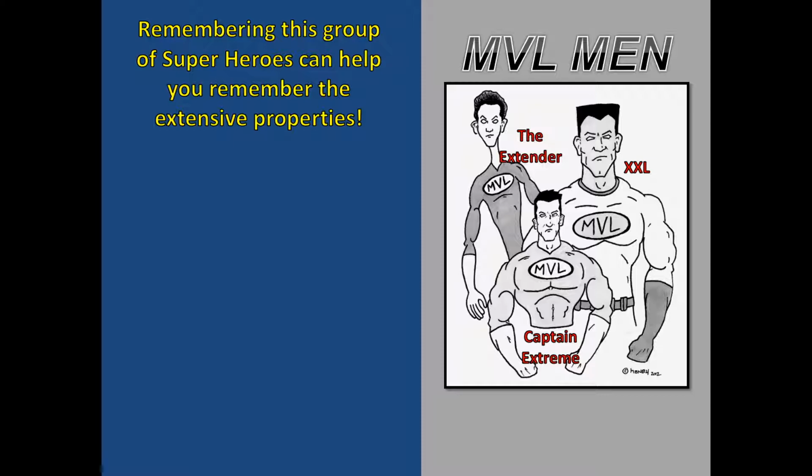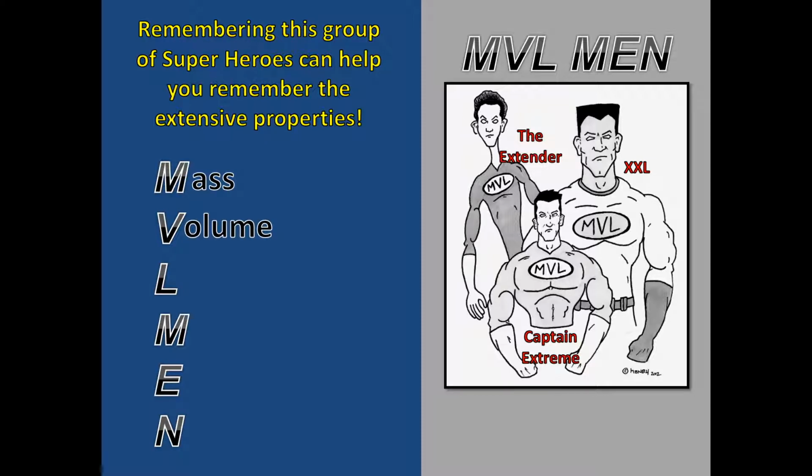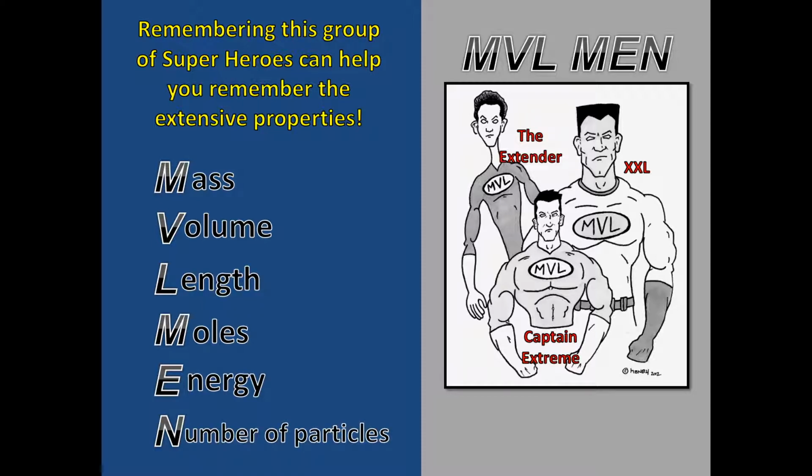NVL-min is a mnemonic you can use to help remembering. Mass, volume, length is your primary. Moles, energy, and number of particles are your secondary. These are all your extensive properties.